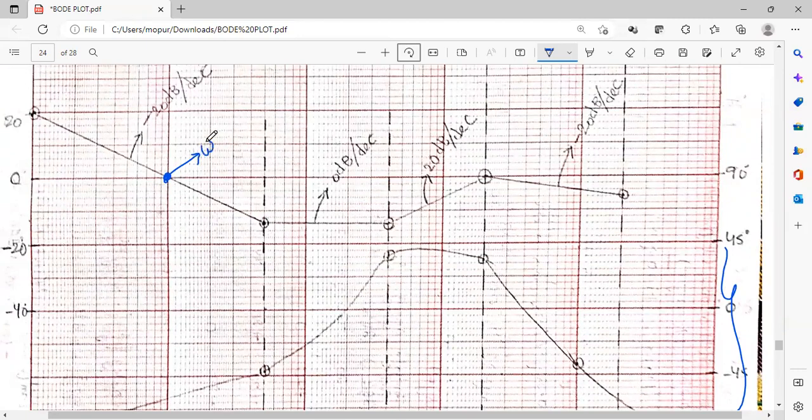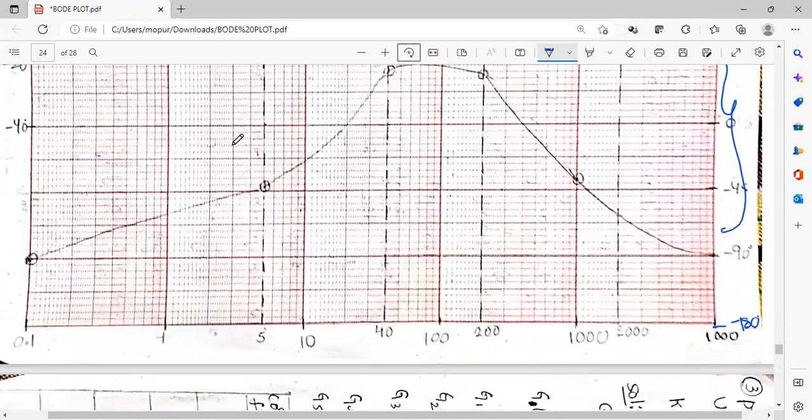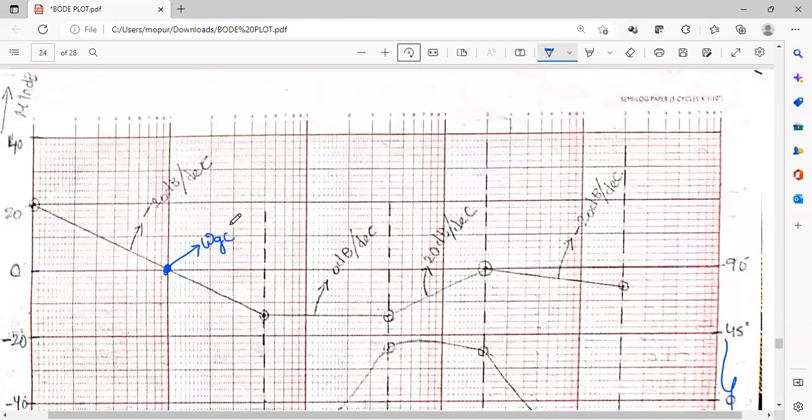At gain crossover frequency, the distance between the minus 180 line and the phase angle plot, that is the phase margin. You can find that phase margin by drawing a minus 180 degree line somewhere down. So you can find the gain crossover frequency and phase margin.